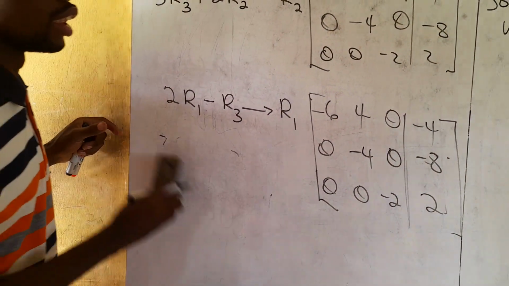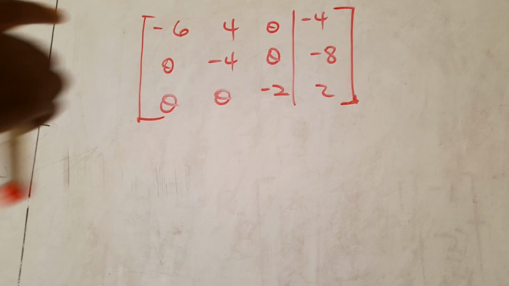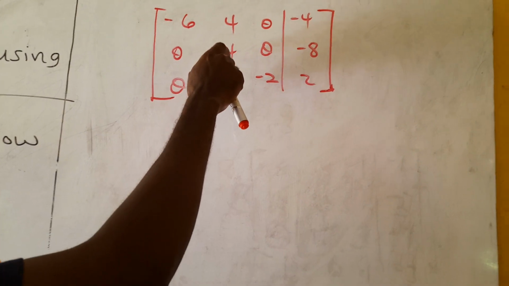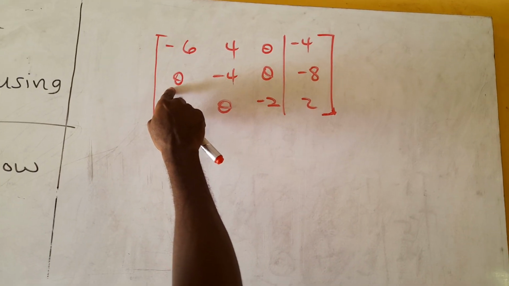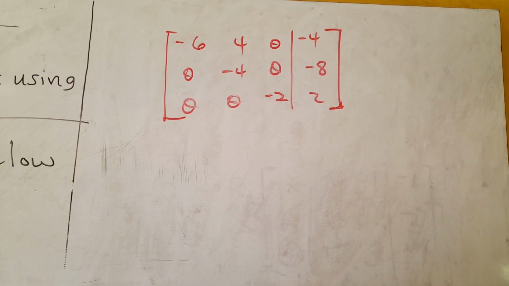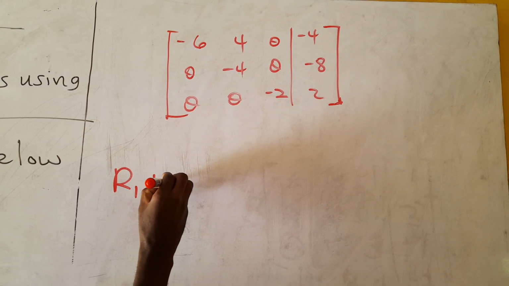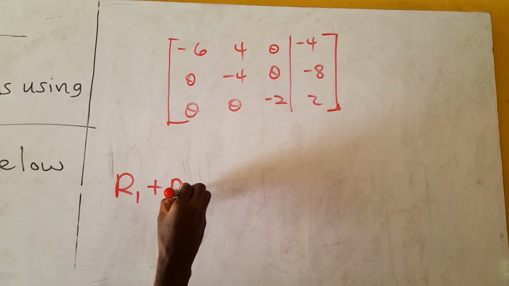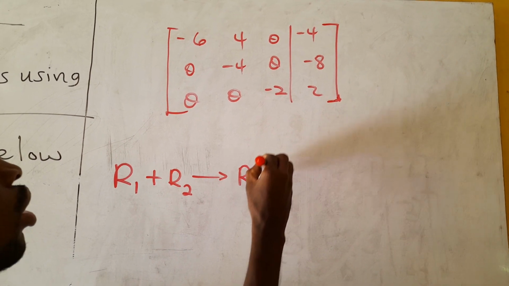So the next thing is, I'll make this one 0. So we have this. The next thing is to make this 0. So look at it, if I add negative 4 to 4 it is 0. So I'll add my R2 to my R1, then I'll get 0. So I'll say R1 plus my R2 should go into R1.